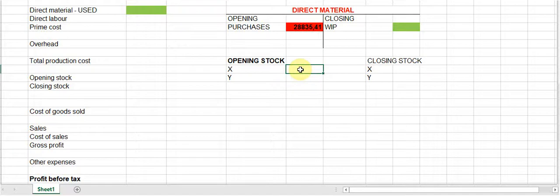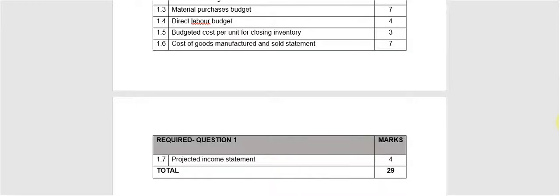If I look at the opening stock totals, it was 500 and 950. So that information I get from here.